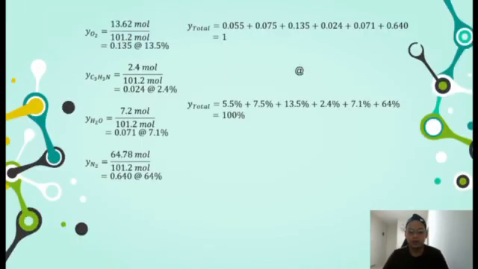To calculate the mole fraction, we assume that all the Y total must be equal to 1 or 100%. If we get another value, it means our equation or our calculation is wrong.